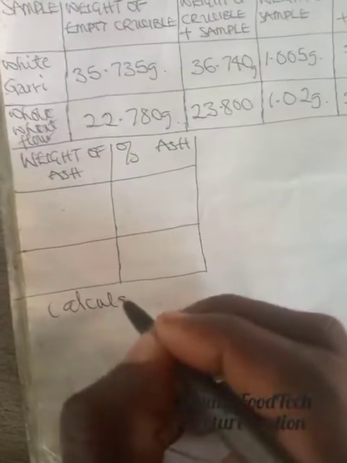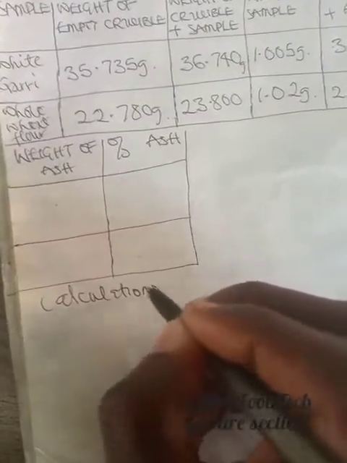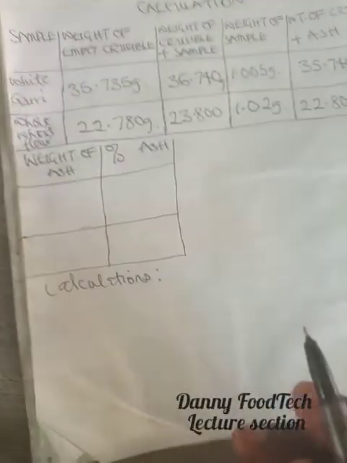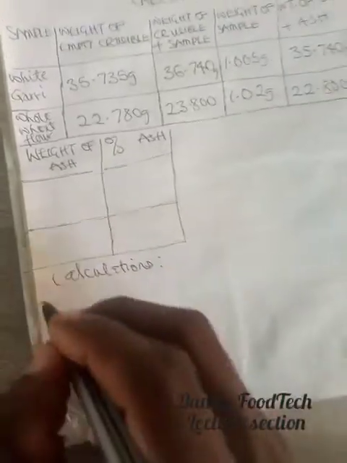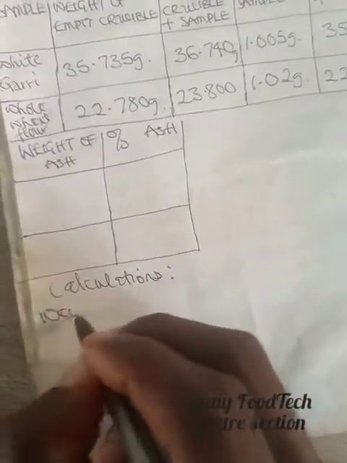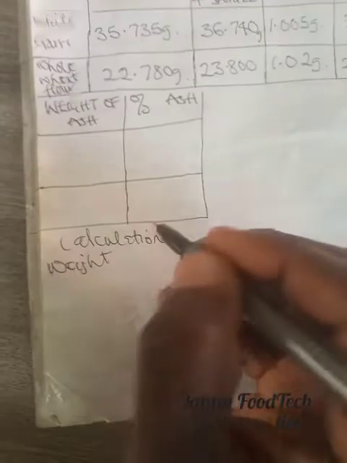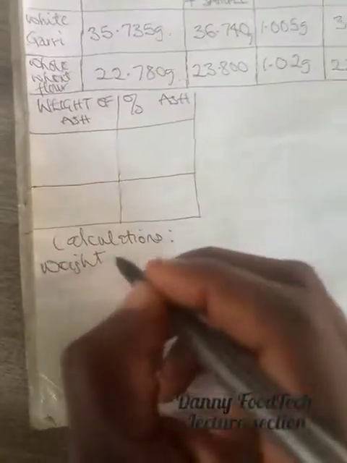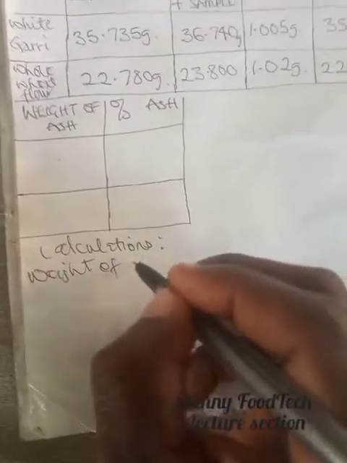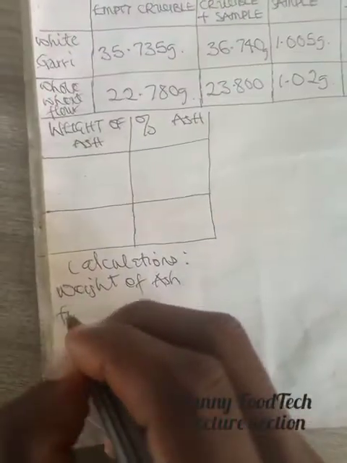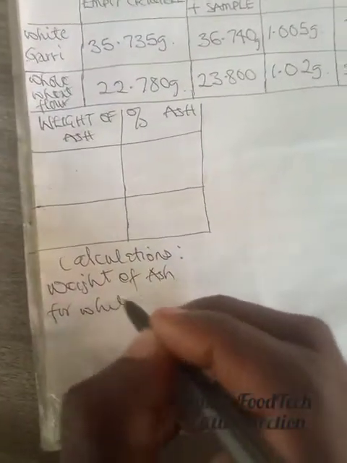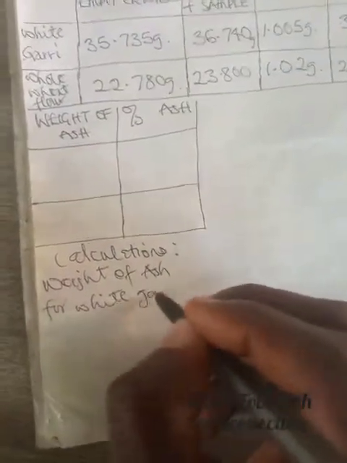Calculations. The first thing you are going to do is to know the weight of ash for white Gary.